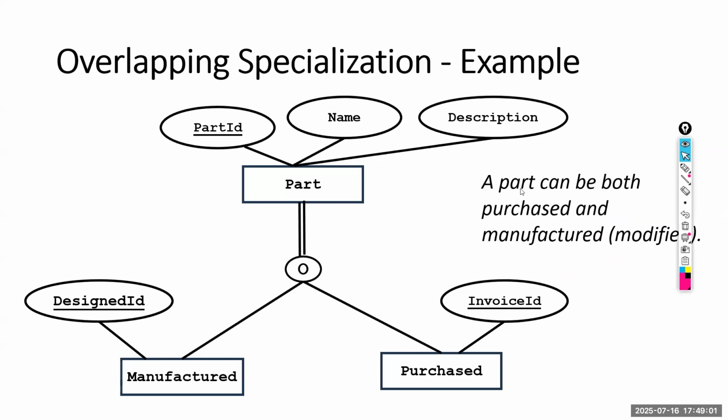Say you have account. Say in the bank you have current account, savings account. Is it disjoint or overlapping? Account, current account, savings account. Disjoint or overlapping?